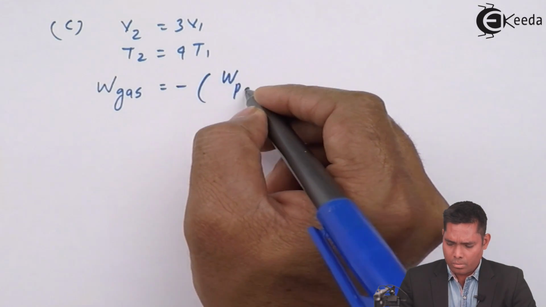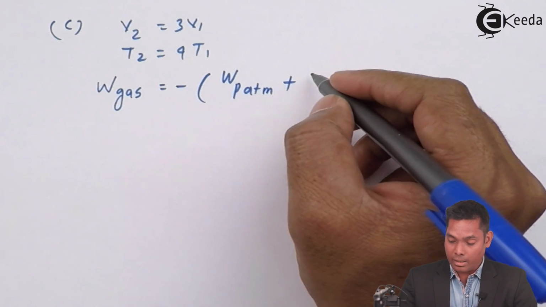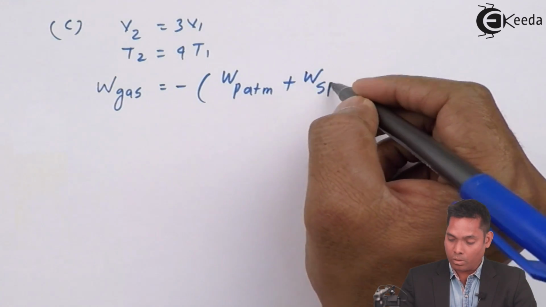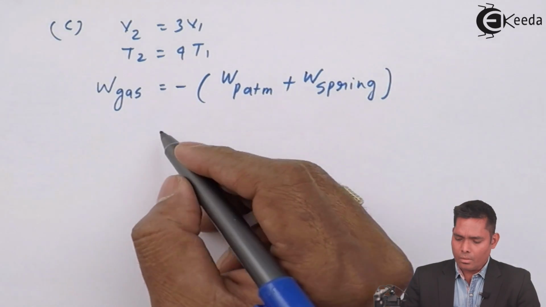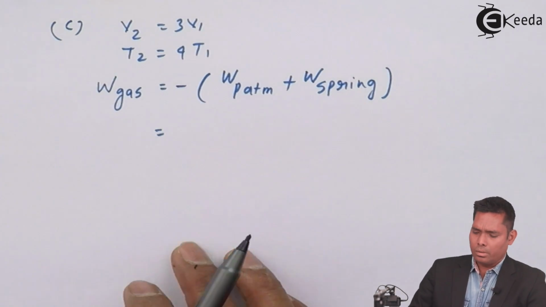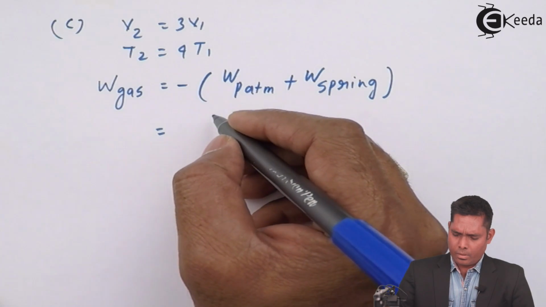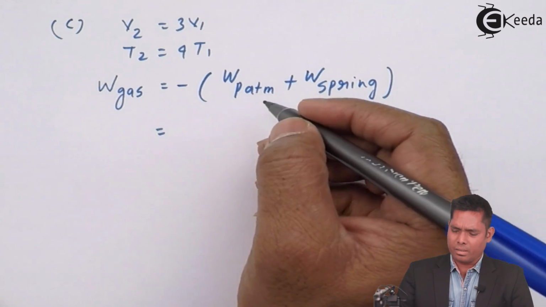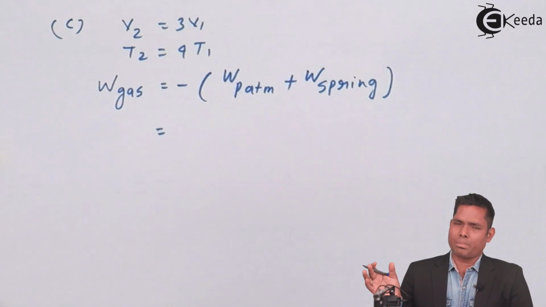So I'll write negative work done, and that work done is due to the combination of the pressure outside and the work done by the spring. The work done by the outside pressure: the pressure was P1 outside, because initially it was balanced with outside P1.